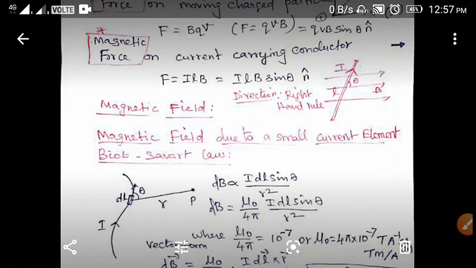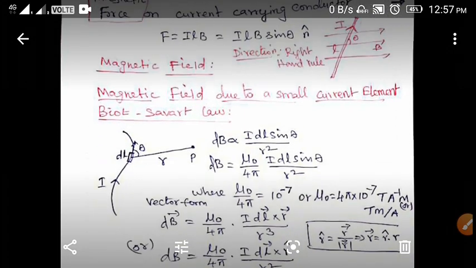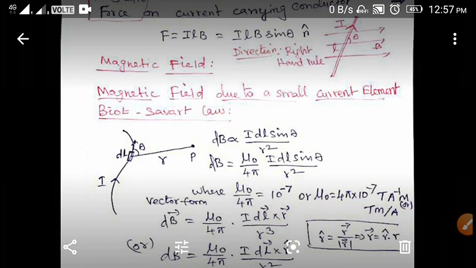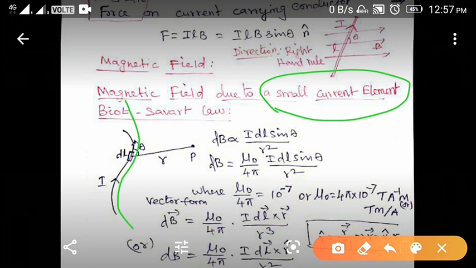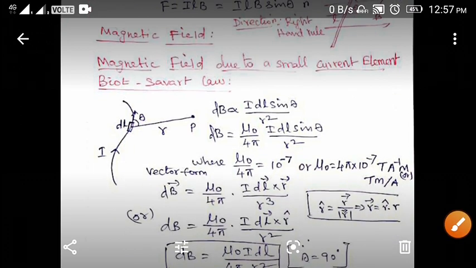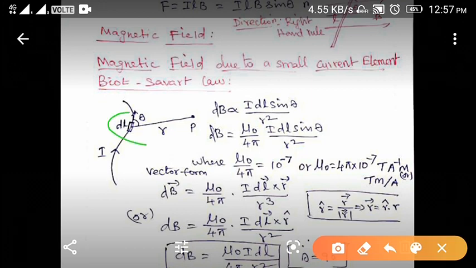The magnetic field is produced due to moving charges, we know. Initially we are going to see the field due to a small current element, which is given by the Biot-Savart law. Initially we assume a current carrying conductor with current I passing through it, and a small element on it, dl, whose length is dl.